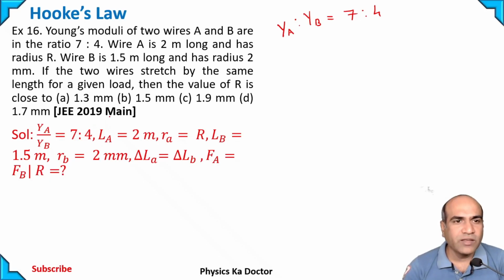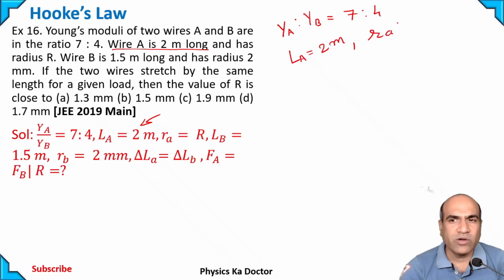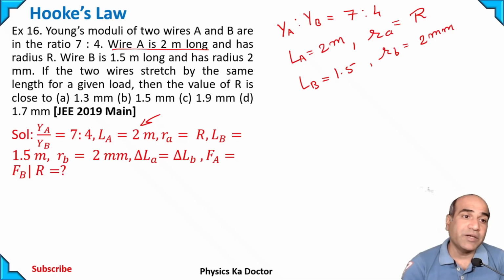Next, wire A is 2 meter long, so we can write LA is 2 meter, and it has radius R, so RA is R. Similarly, LB is 1.5 meter and it has radius RB, which is given as 2 millimeter.